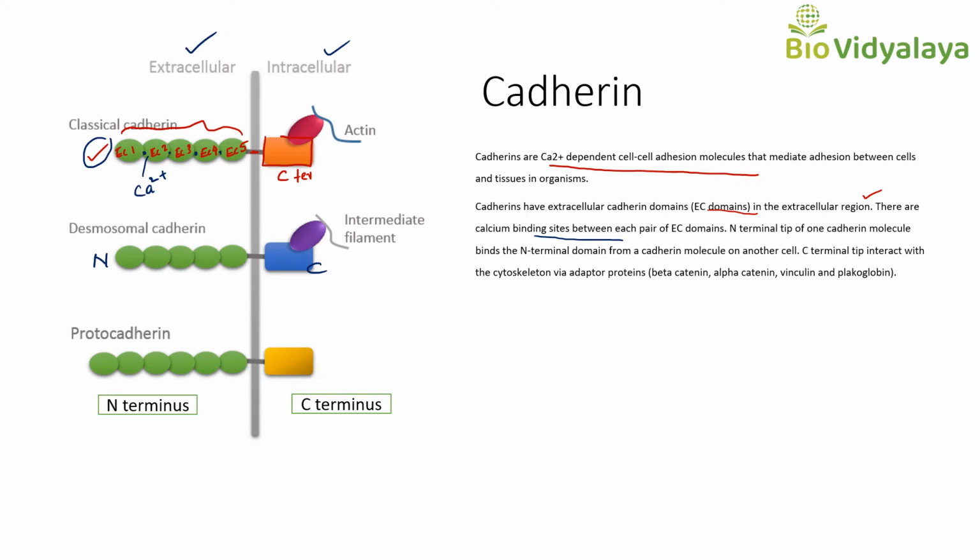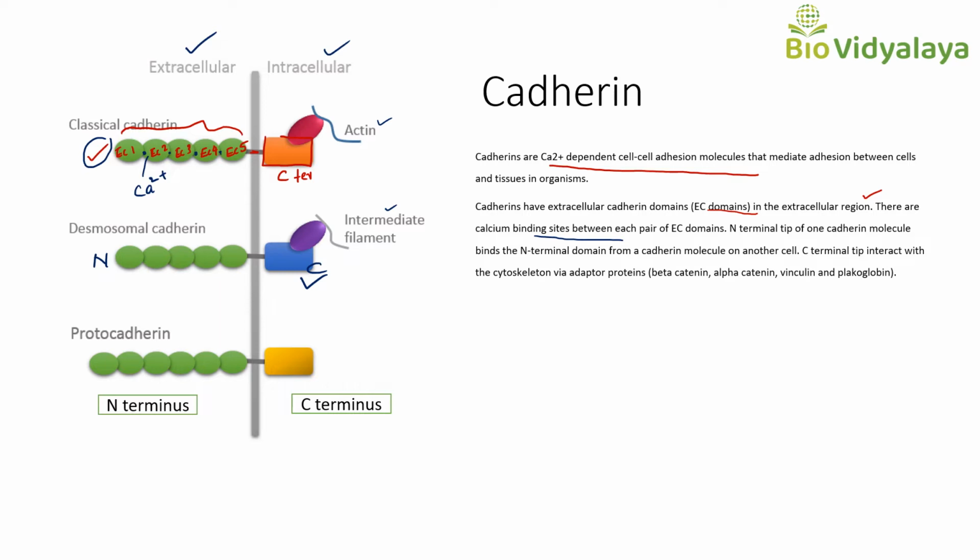And the C-terminal tip interacts with the cytoskeleton via adapter proteins like beta-catenin, alpha-catenin, vinculin and plakoglobin. So this is the C-terminal end, and this C-terminal end will interact with the cytoskeleton. See here, the intermediate filaments and actin filaments are cytoplasmic fibers.